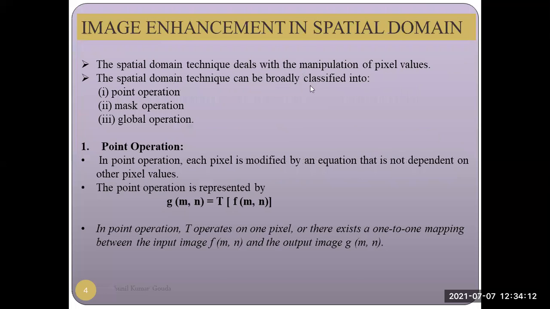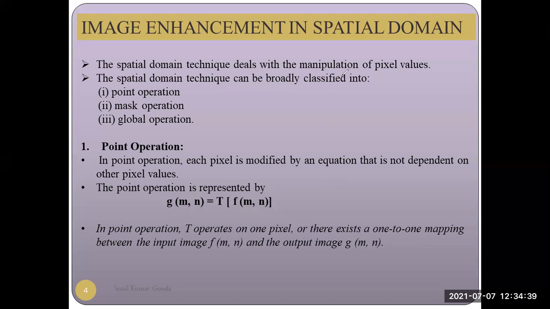Then we discussed the different types of spatial domain transformation, or enhancement. The first point you have to remember regarding spatial domain enhancement is that whatever transformation we make, we make on the pixels.